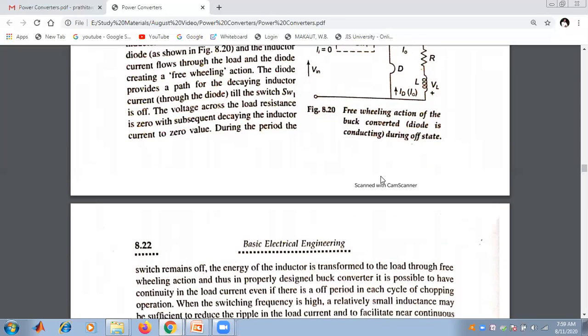The ripple current is the periodic variation of DC voltage within a power supply which has been derived from an alternating source.